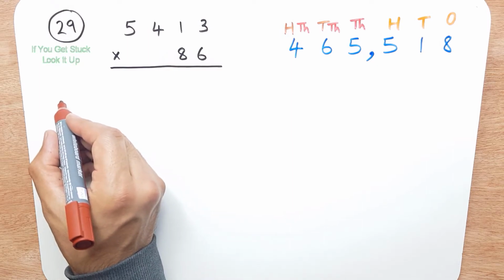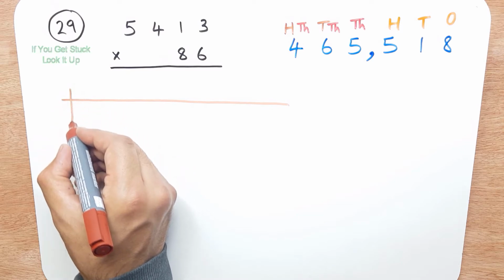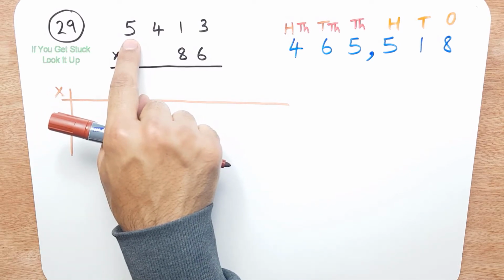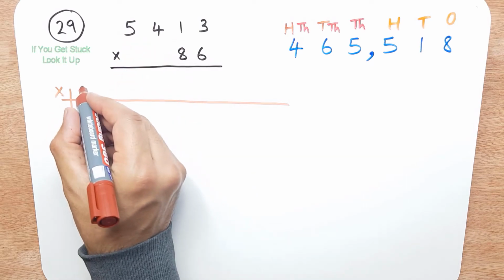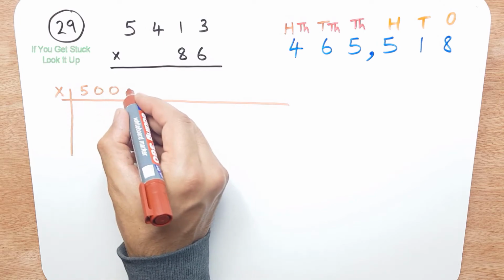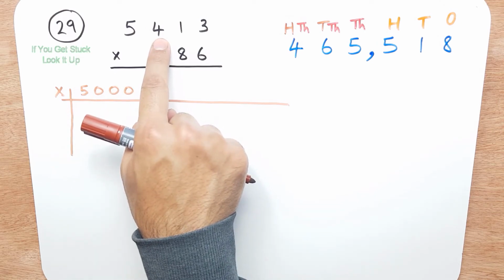So let me draw the grid. So we have 5 in the thousands column, so I put 5,000 here. Then I have 4 in the hundreds column.